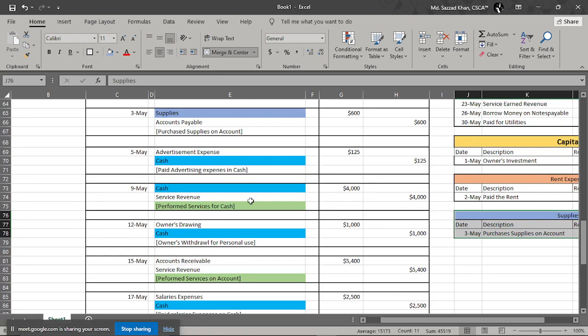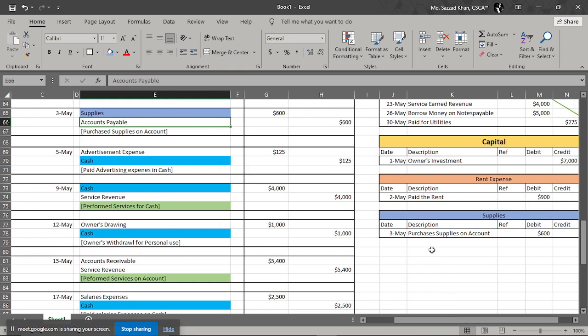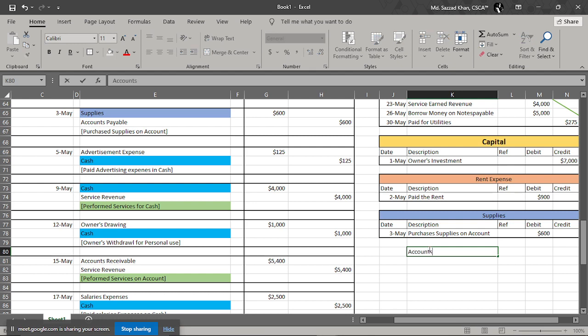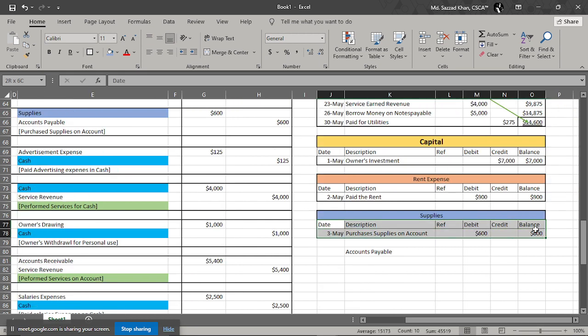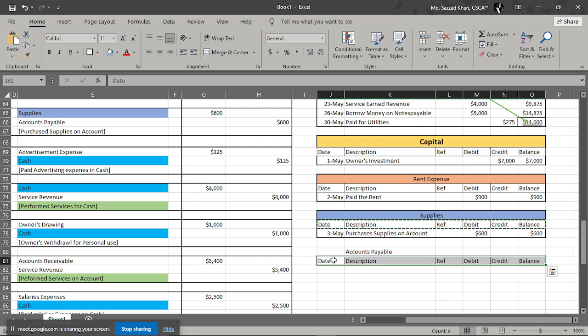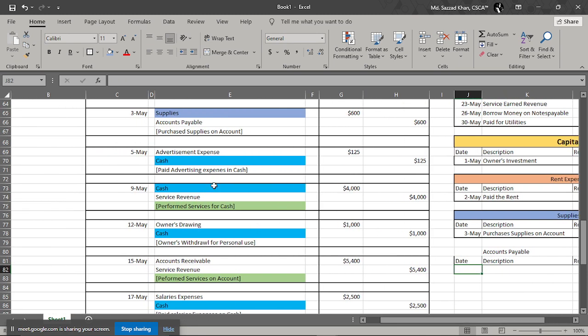Then we come to the accounts payable, right? What happened with the accounts payable?